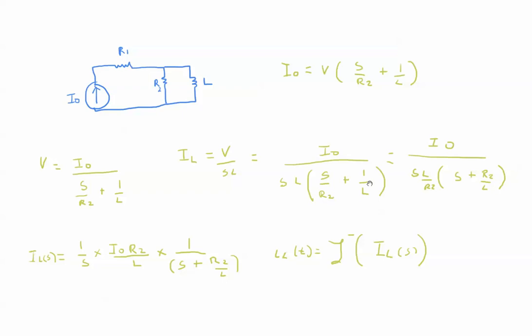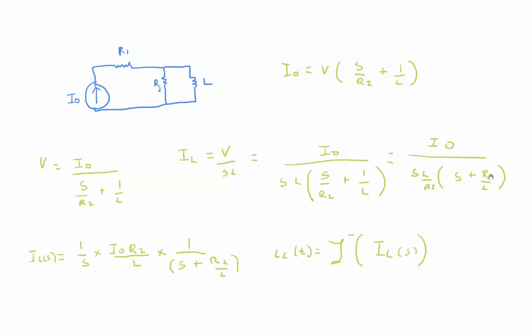Now this might look a little funny, so I want to put it into a more recognizable format. What I'll do is pull out this R2, so that I get S plus R2 over L. Notice there's my time constant from the previous solution, even though this is in units of frequency.